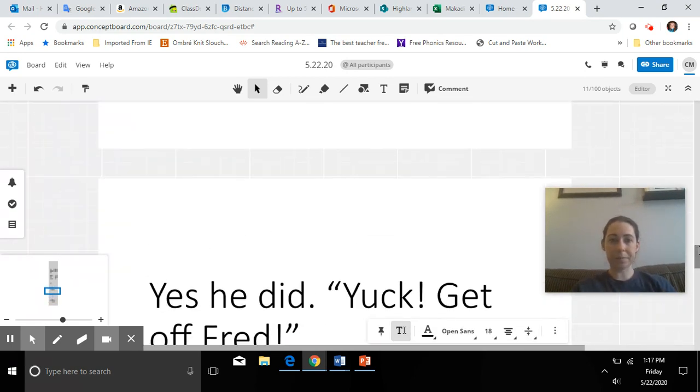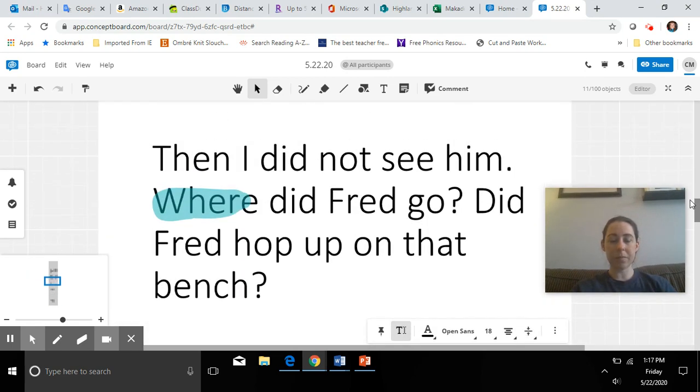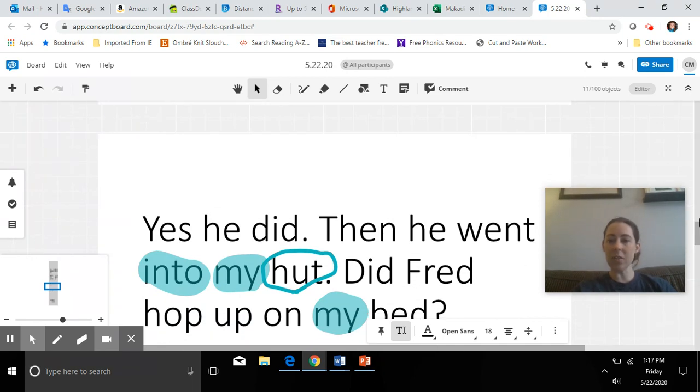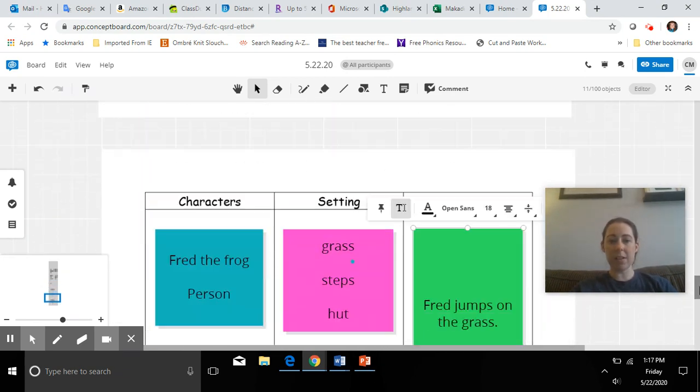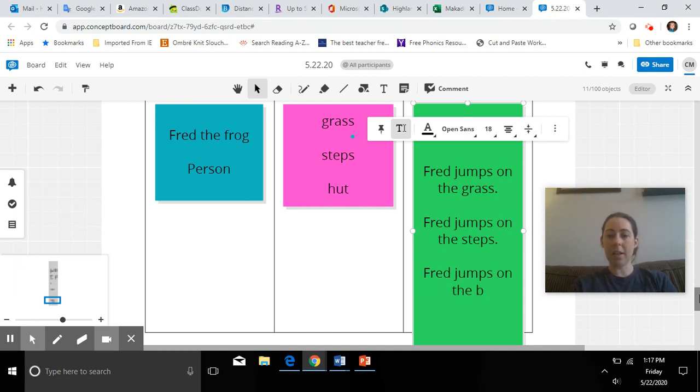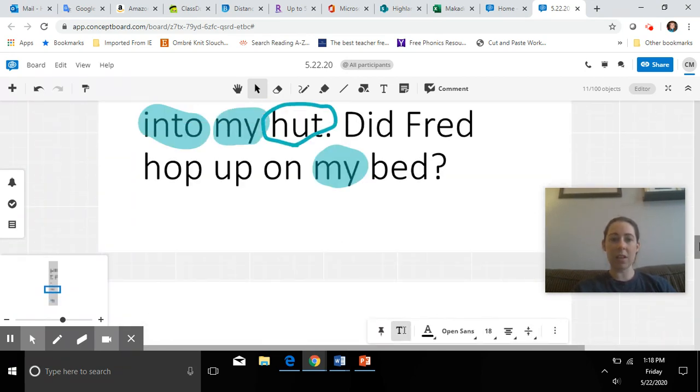Go back. Fred jumps on the bench. Yes, he did. Okay. So I'm going to write Fred jumps on the bench.